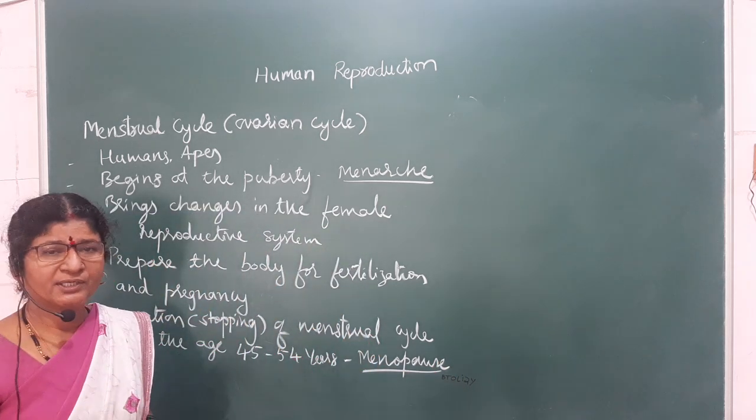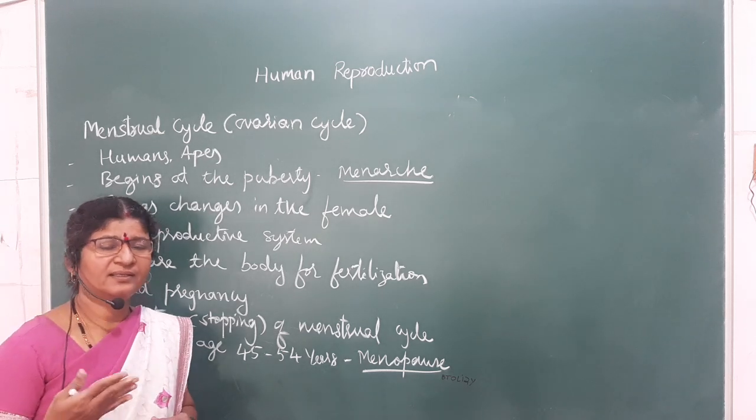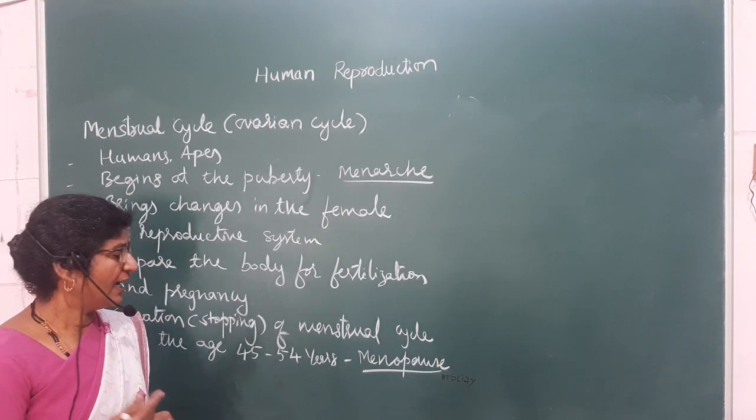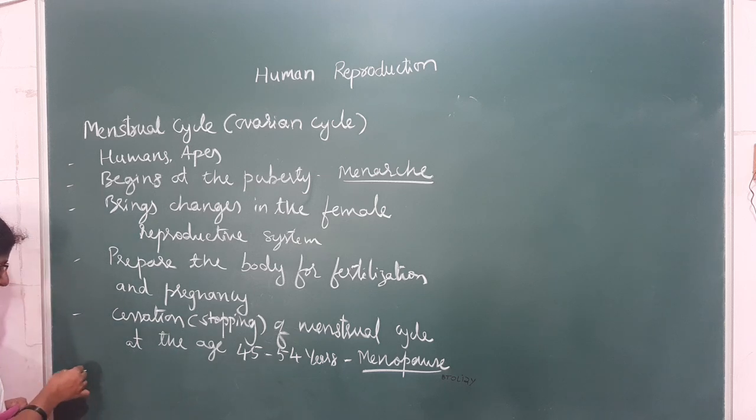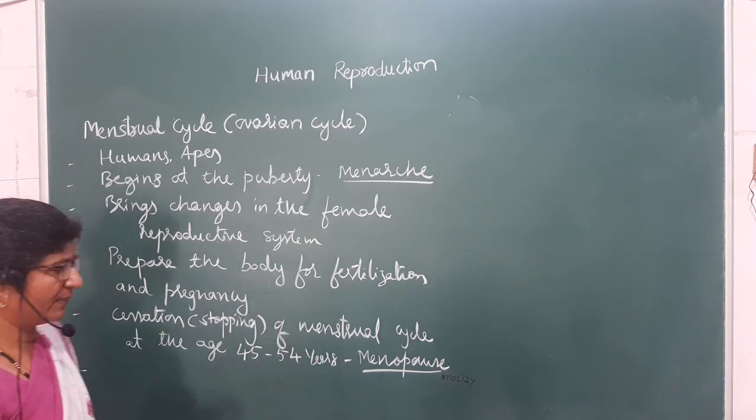Menopause may not occur suddenly. In some it may occur suddenly, in some it may occur gradually. And during this, some characters are seen during the menopause.